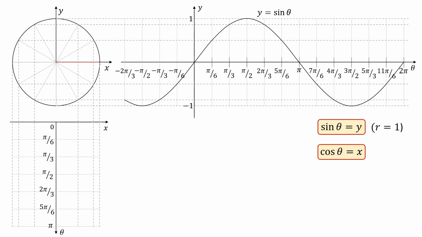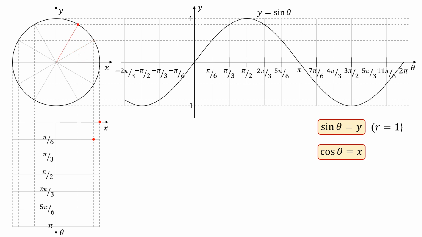First, we take an angle of 0. This point has an x-coordinate of 1, so I plot the point 0, 1 on the theta x-axis. Next, we go to pi by 6 radians and plot this point on the theta x-axis.